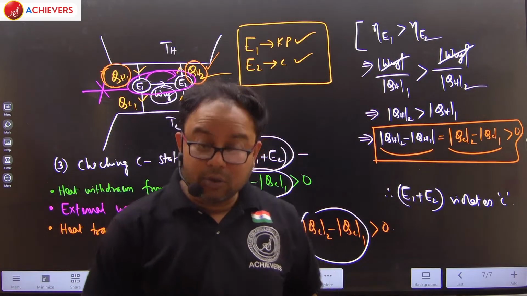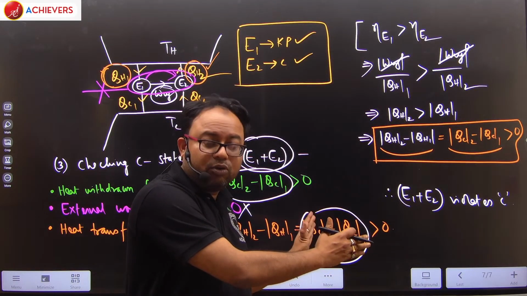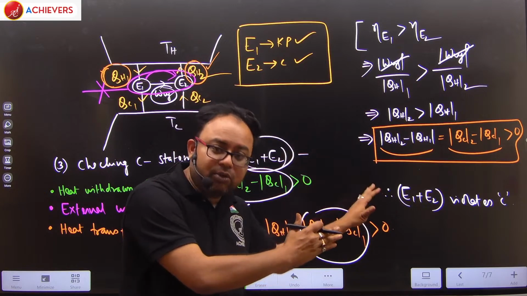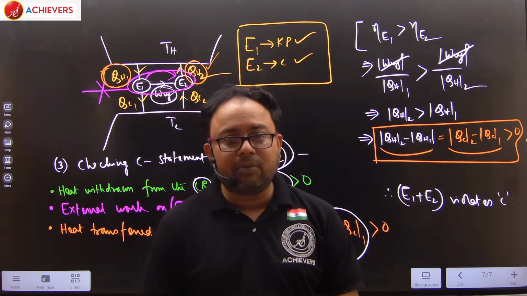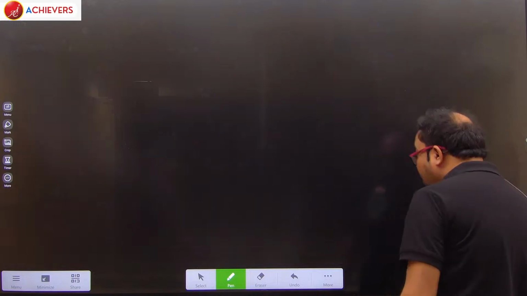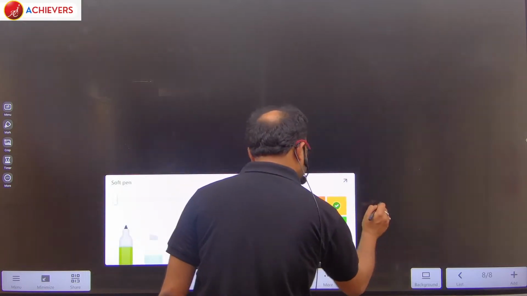So you have to crack the fallacy, and once you crack the fallacy, you can unlock the treasure of the second law of thermodynamics. Okay, so in order to do that, we must proceed into the fourth statement.